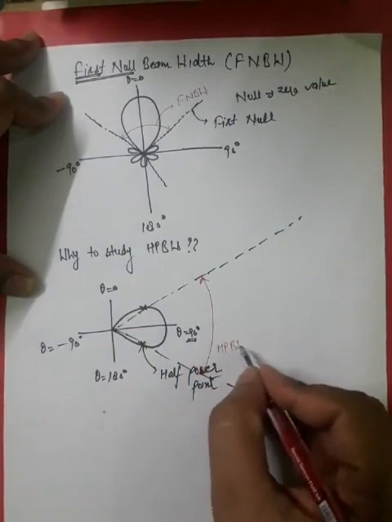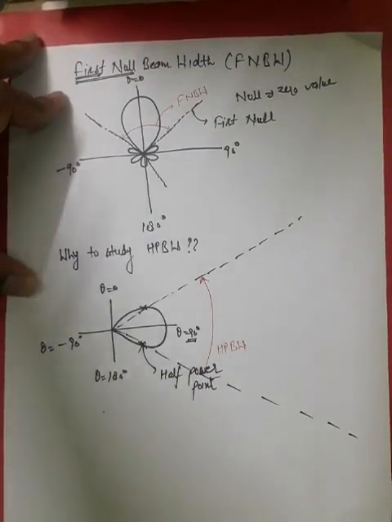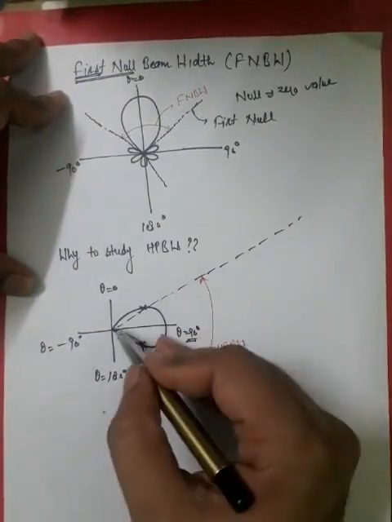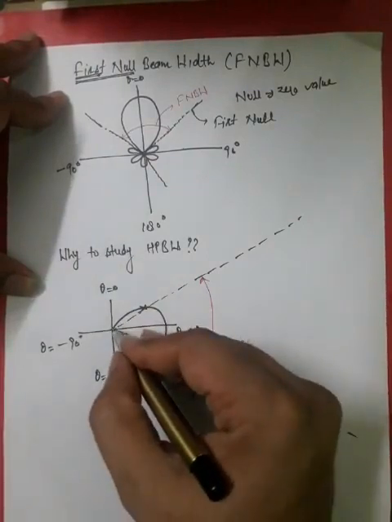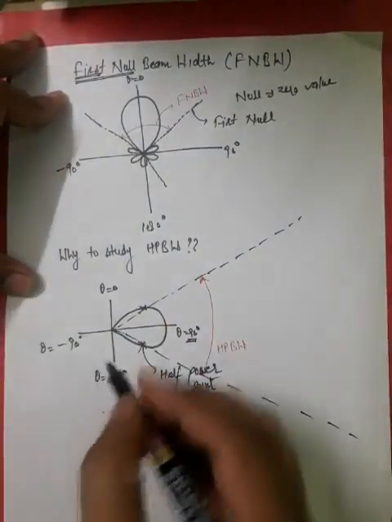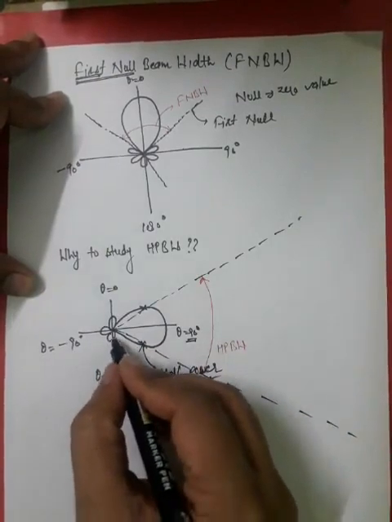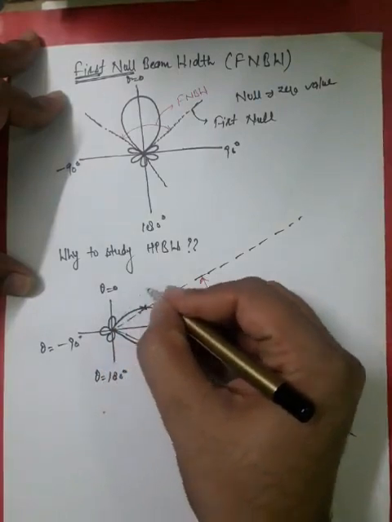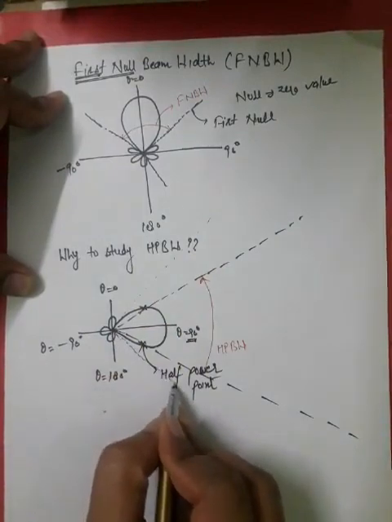Now if you look here, your radiation will also come in this direction, because if I draw here this first null beam width, and also consider these minor lobes, we look at this line and this line.